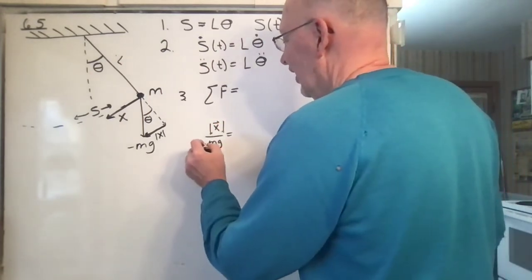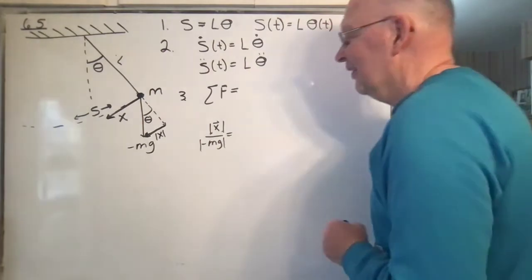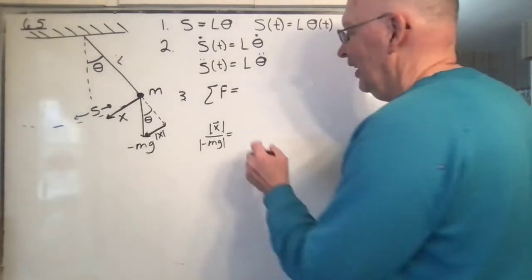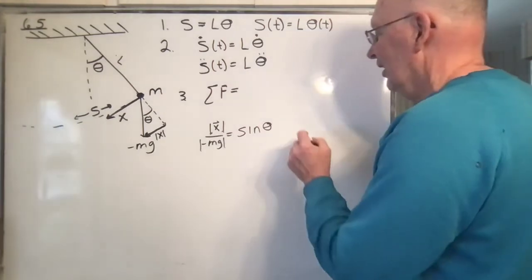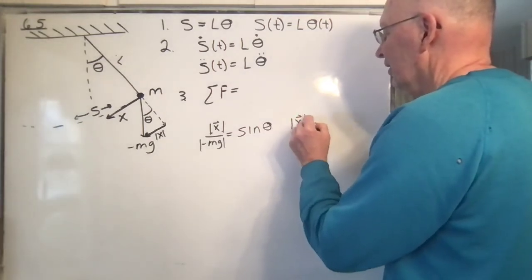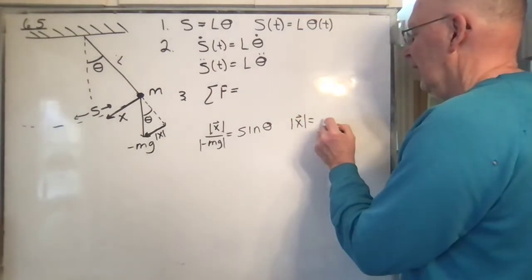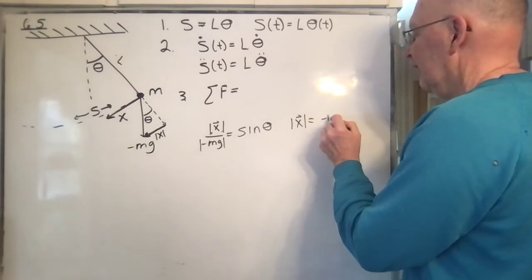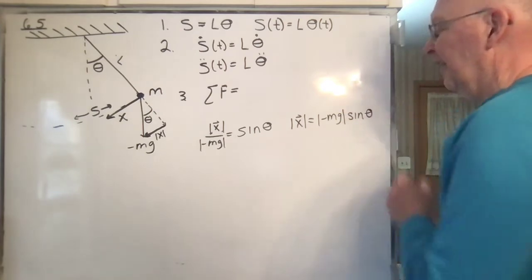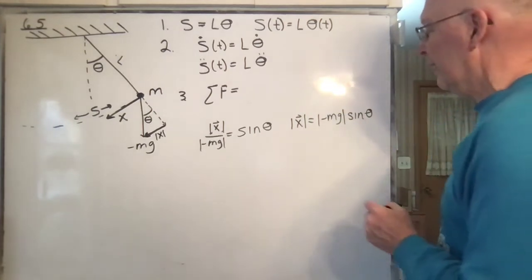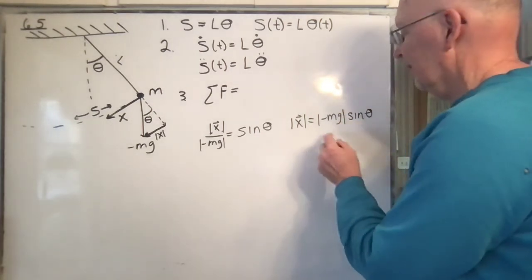So the size of this thing divided by the size of that is equal to the sine of the angle. That's what I'm trying to say. And so the size of x is equal to negative mg times the sine of the angle, and then you get the correct sign in there.